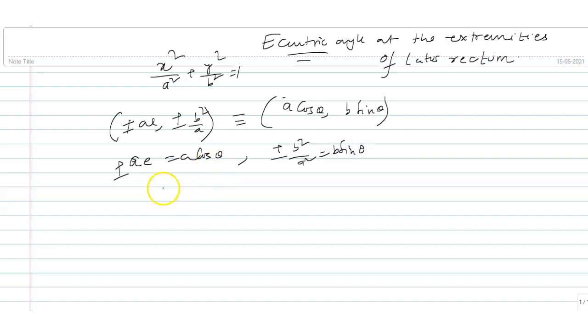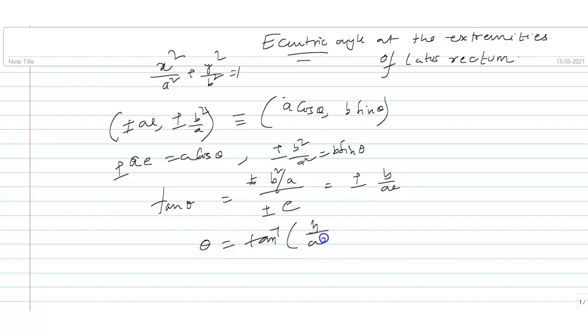From here, if you find the value of tan theta, you are going to get ± b²/a divided by ± ae, that is ± b/(ae). So theta is tan inverse of, let us say taking the positive one, b over ae.